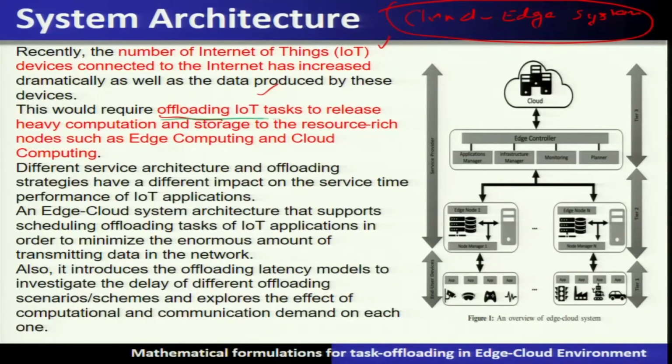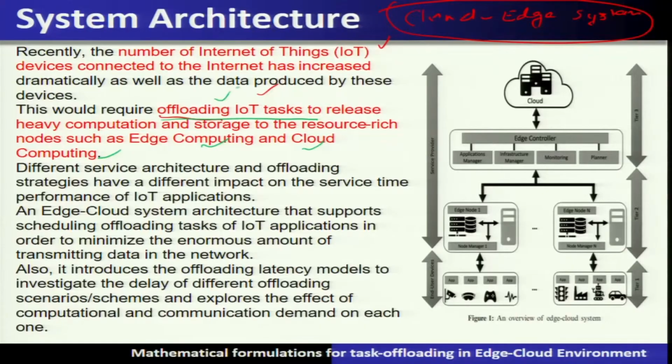Therefore, offloading the IoT tasks which billions of IoT devices are generating, to release the heavy computation and storage to resource rich nodes such as the edge and the cloud system, is needed. IoT devices are not that resource rich, they are called resource constrained devices, but they undertake heavy computation and storage type of applications.